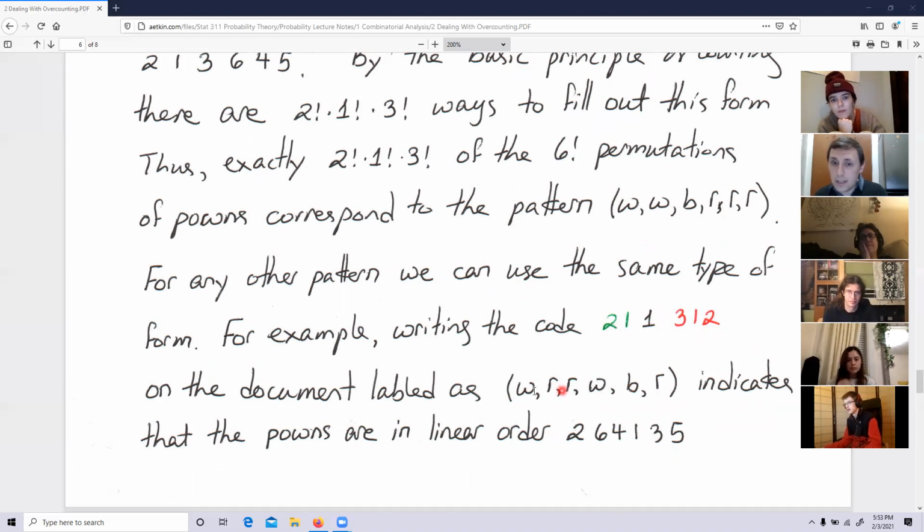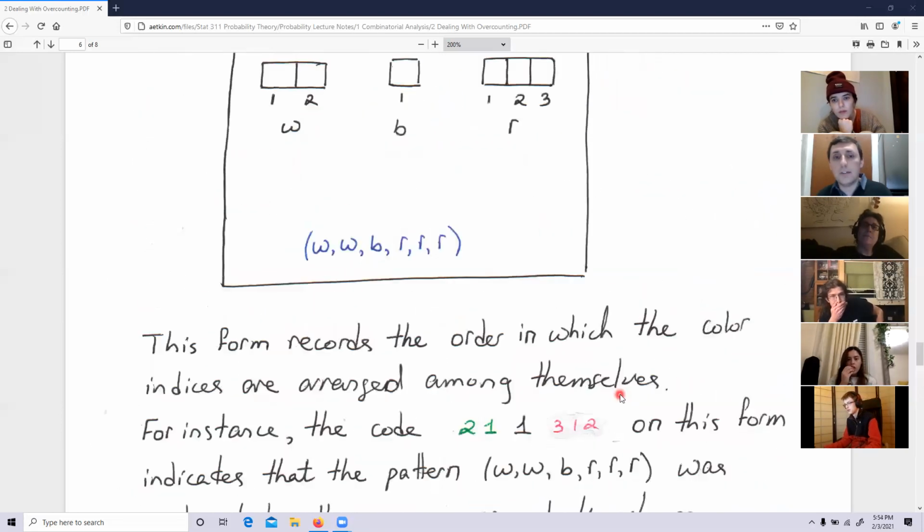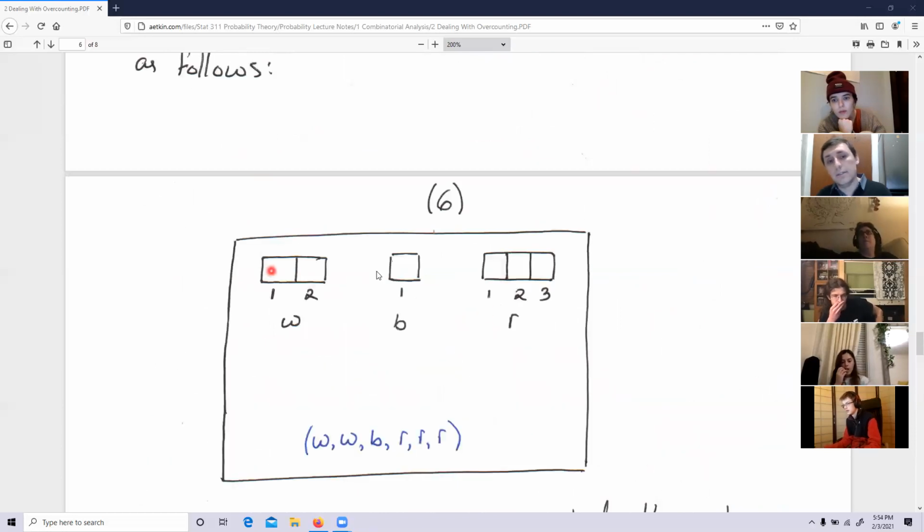If I know the document label and I know this population code, I can translate to the document that corresponds to the population label. Again, what I strive to do here is simply identify how many synonyms are available for each distinguishable pattern.